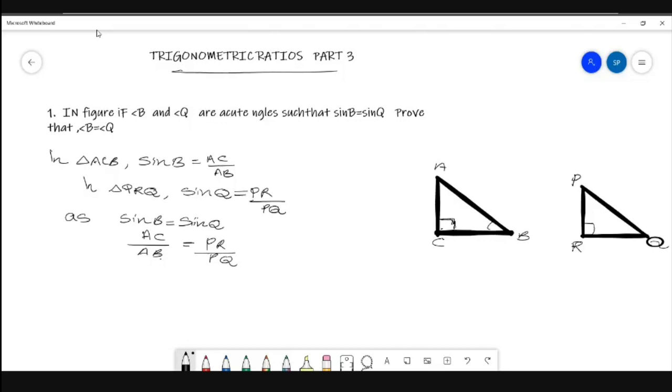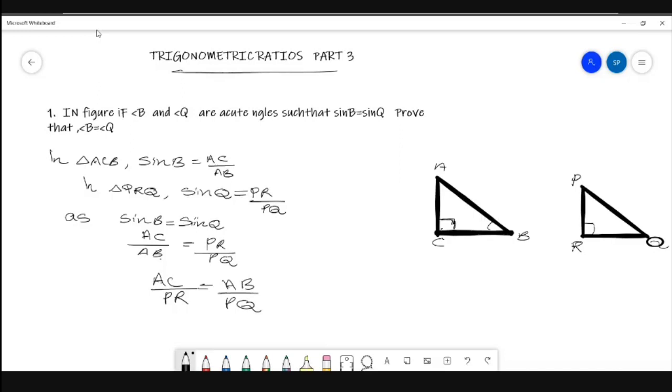PQ? We have AC here, the corresponding side here is PR. So you have to arrange the given equation like that, the required equation. That is, here we can say AC by PR equal to AB by PQ.